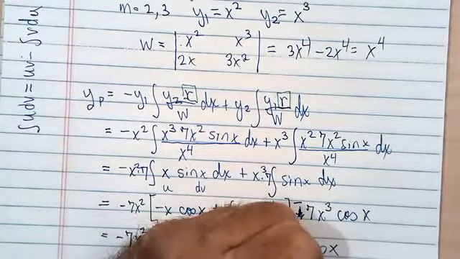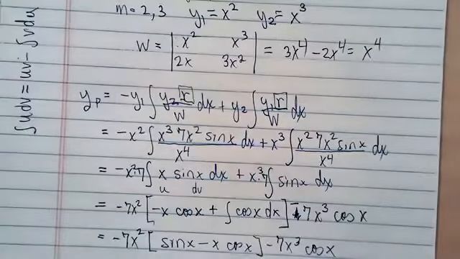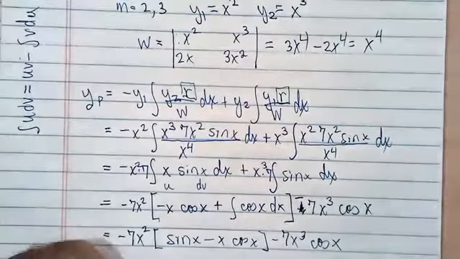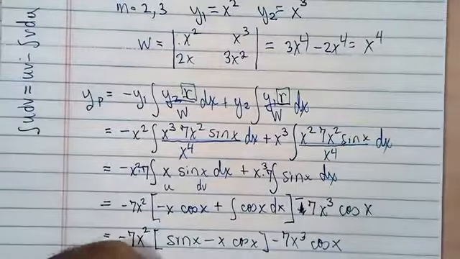Oh, look at that. Cosine of x, those two last terms add out. Minus 7x squared sine of x.